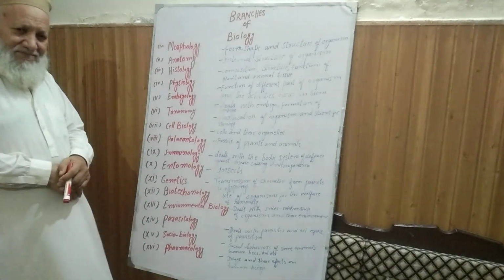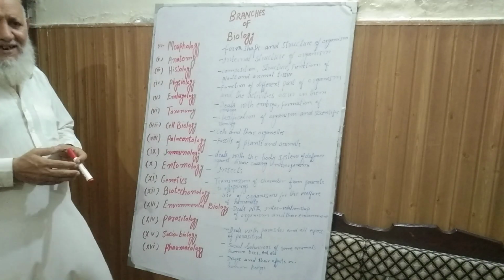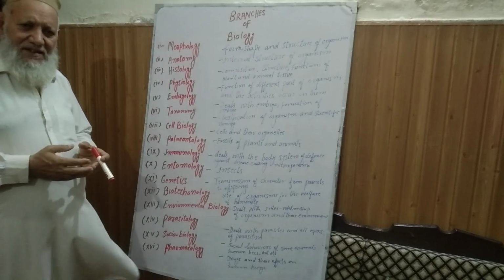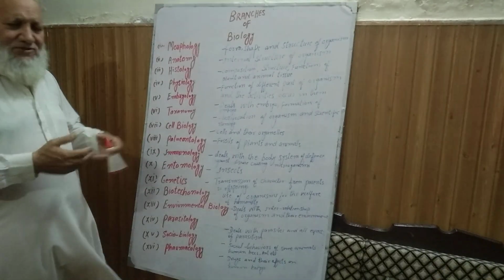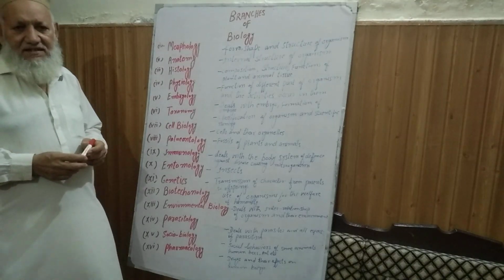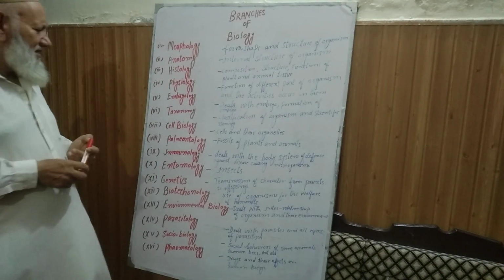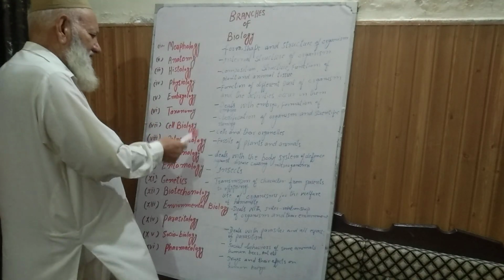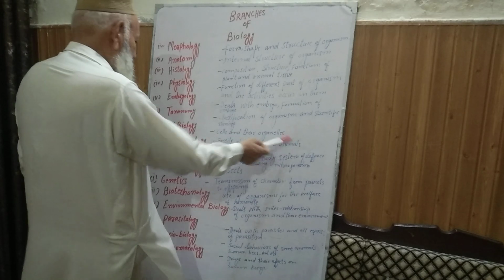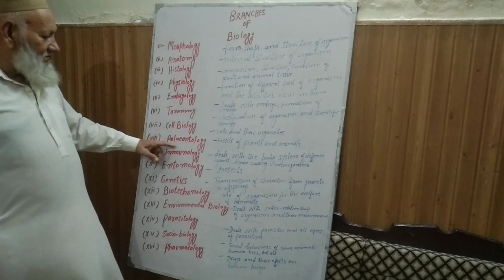Paleontology. Paleo means fossils and the past. Some plants died, some human beings also died, and some animals also died, and they were put under the soil. Here we study the fossils, and the study of fossils of plants and animals is called paleontology.